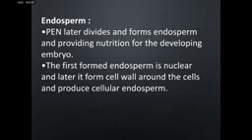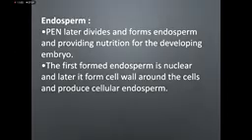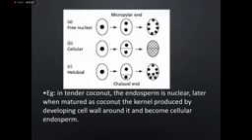The first formed endosperm is nuclear, and later it forms cell walls around the cells and produces cellular endosperm. That means in the first condition they are in a free state called nuclear form.